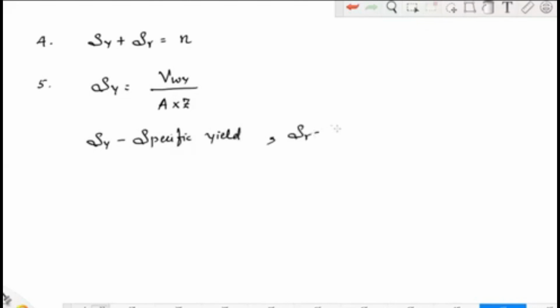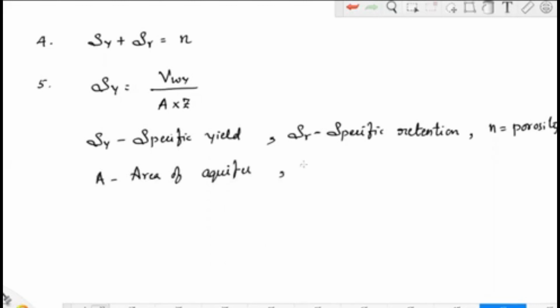SR is specific retention. N is porosity. Then A is area of aquifer. Z is depth.